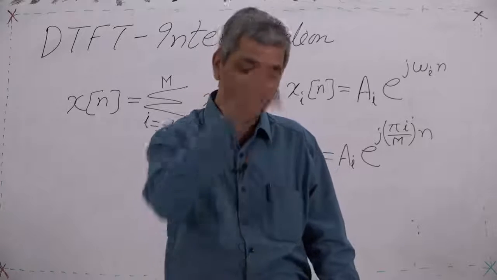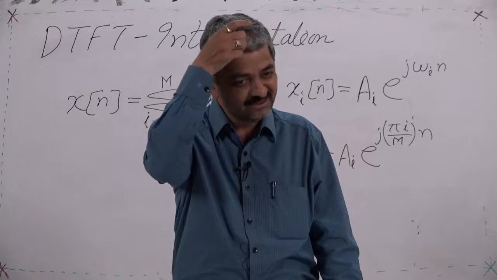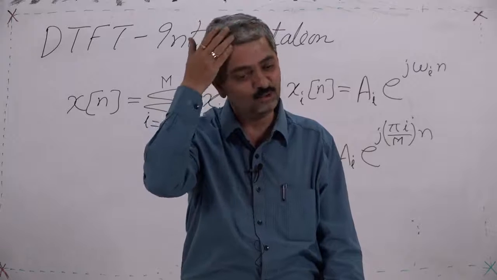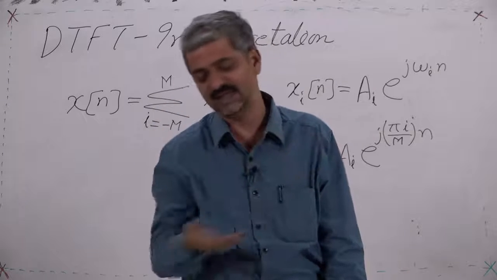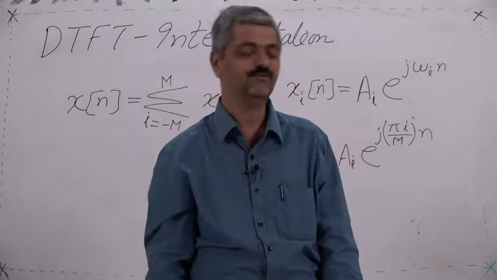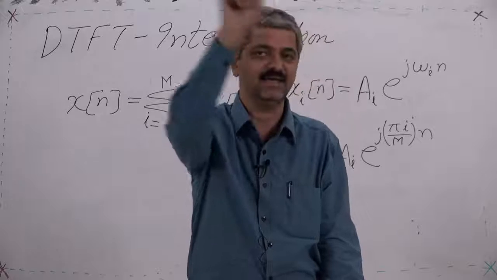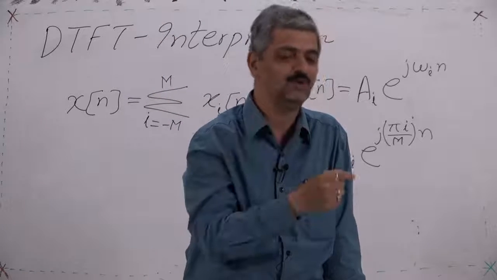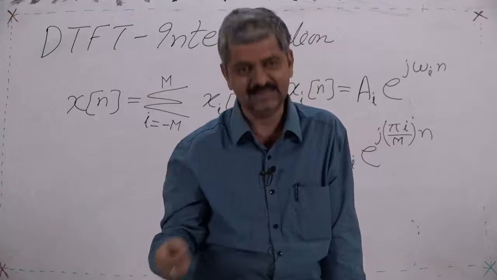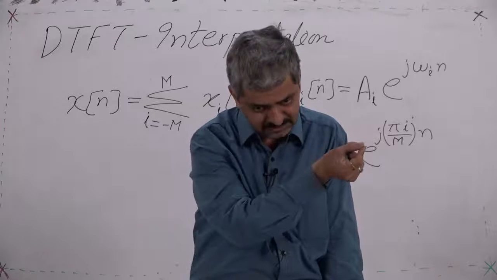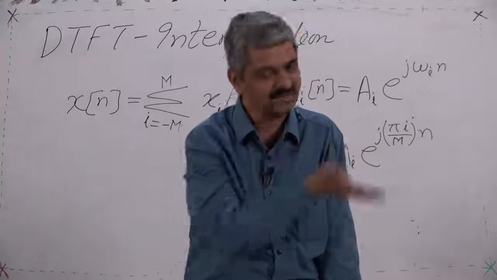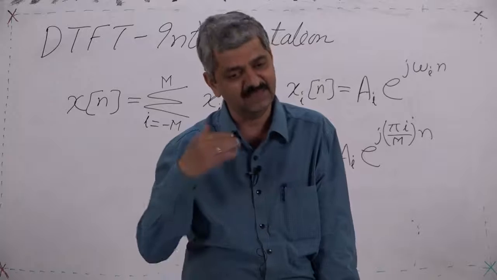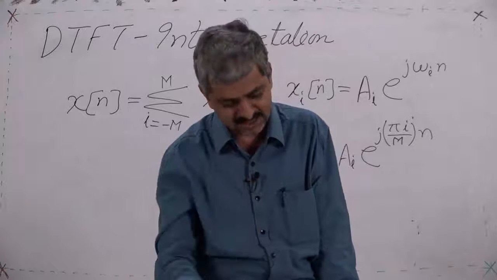The points for I equal to 1 to 100 will be rotating points with higher speed. For I equal to minus 1 to minus 100, they are rotating points in the clockwise direction with higher speed. And now I can make m larger and larger.